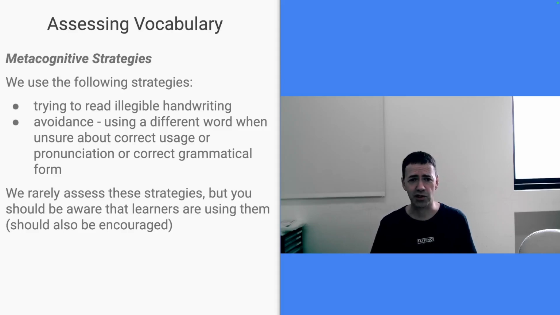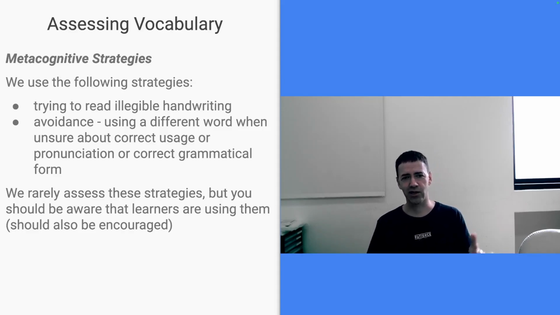We have the avoidance strategy, which means we use a different word. Even though we think we know the way to use this one particular word, we're not totally sure about the correct usage or maybe the pronunciation or even the correct grammatical form. We're just not sure if we're right or not, so we use a different word instead.